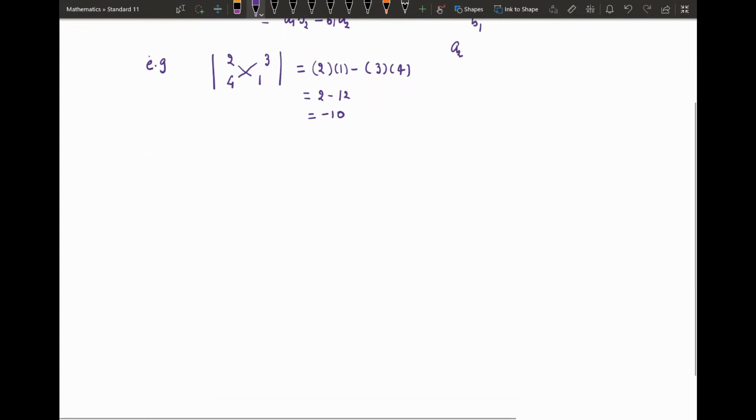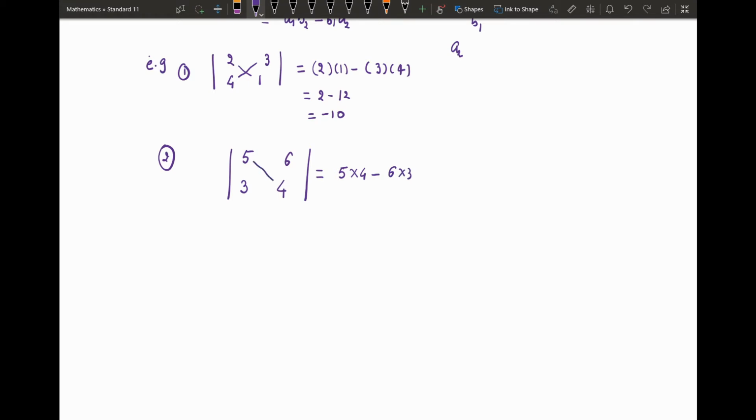We take another example. Say 5, 6, 3, 4. So the value of this determinant is 5 into 4 minus 6 into 3.